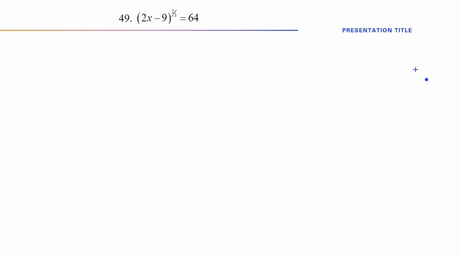So we can rewrite this one as the cube root of 2x minus 9, all squared, that equals 64. Remember when we solved for x squared equals a, x equals plus or minus the square root of a.